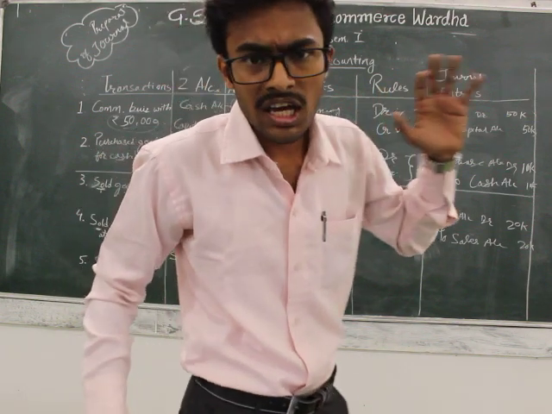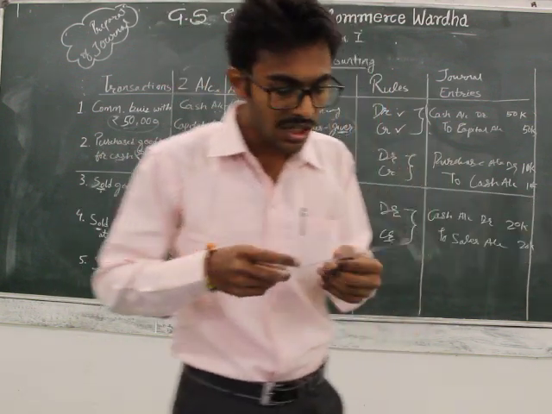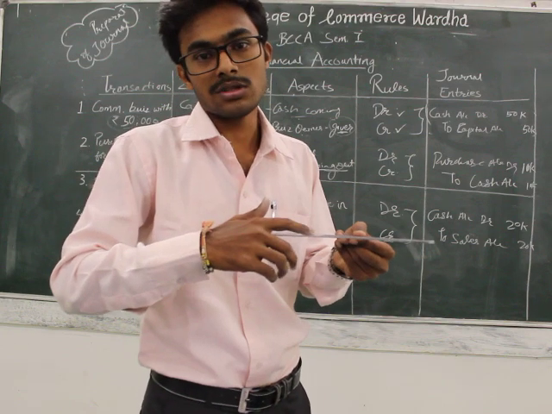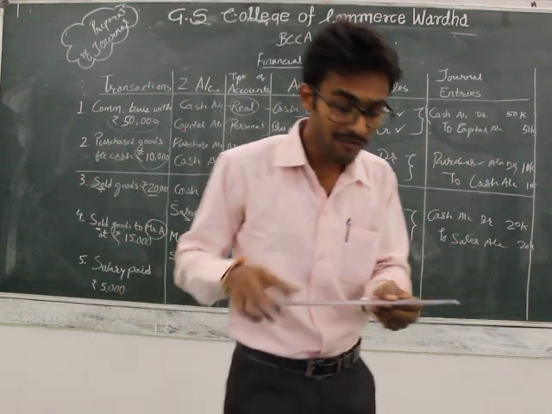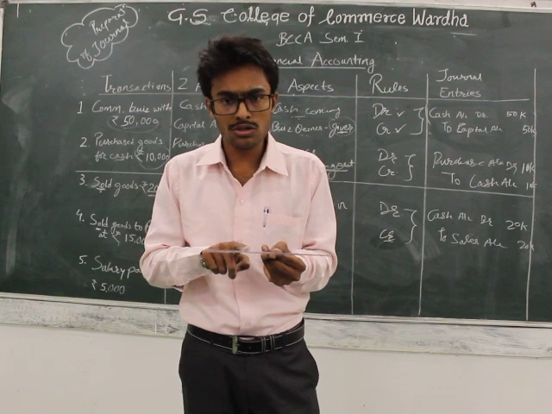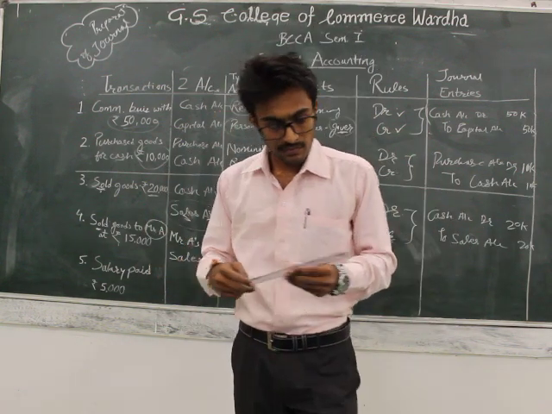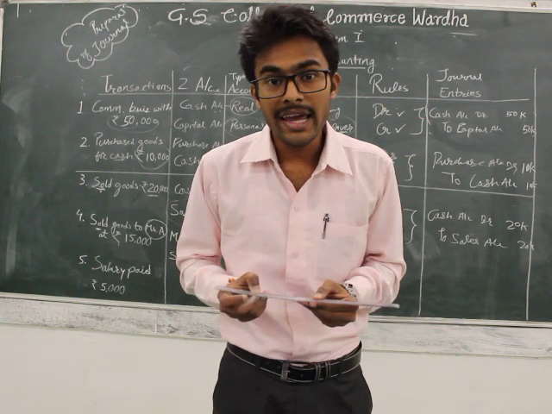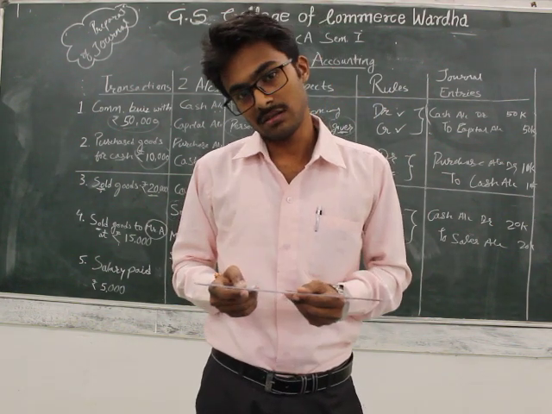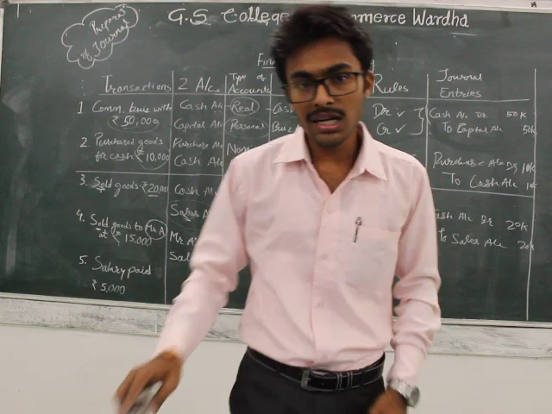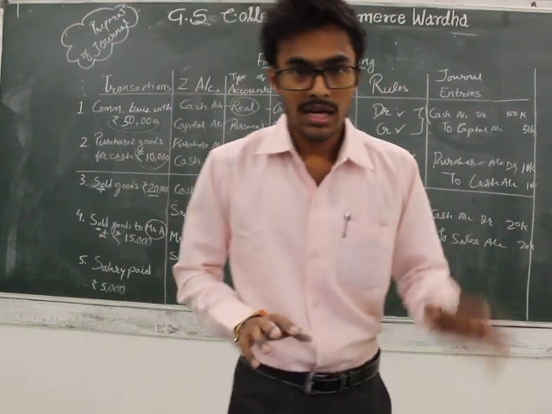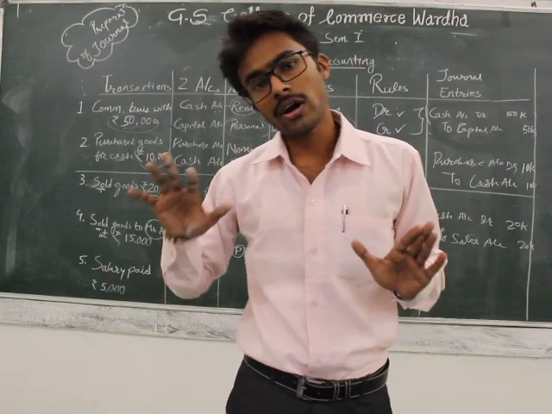Mr. A is the receiver of these goods for this transaction. So Mr. A is the receiver here, not the giver. Personal account says there will be either a receiver or a giver.